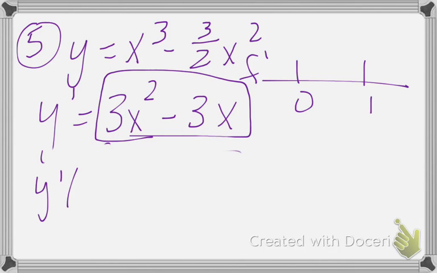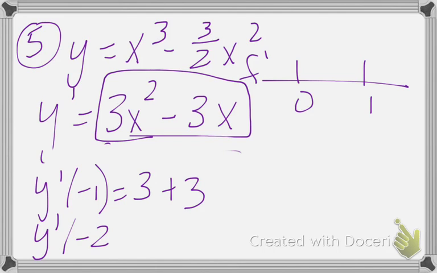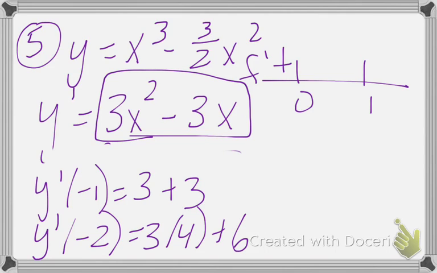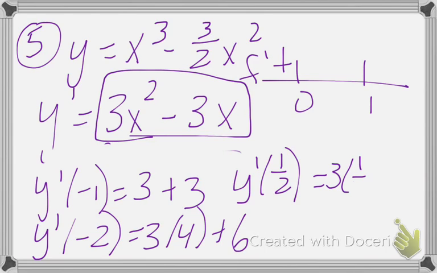Okay, so y prime of -1 is going to be 3 plus 3. So that doesn't give us a sign, so we're going to have to try another value. So we'll do -2. And we get 3 times 4 plus 6, so that's going to be positive. And then we'll try y prime of 1/2, and that will give us 3 times 1/4 minus 3/2.